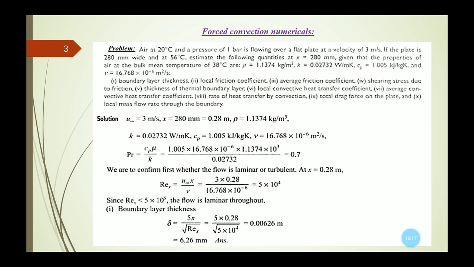Now in this numerical, to calculate the boundary layer thickness, which formula among those 5 different relations of the boundary layer thickness will we choose?